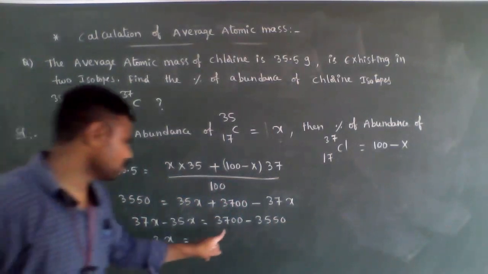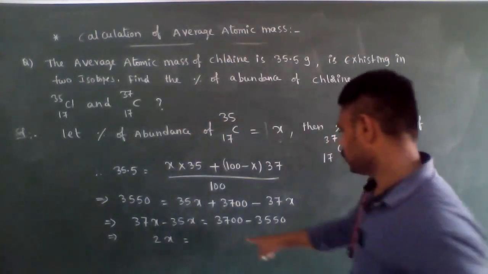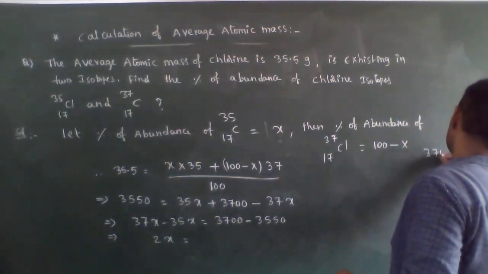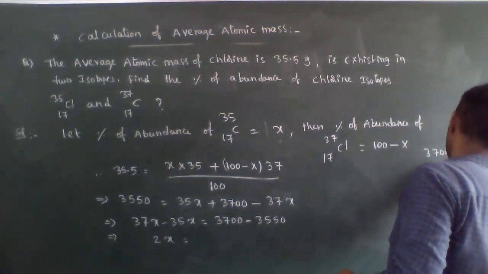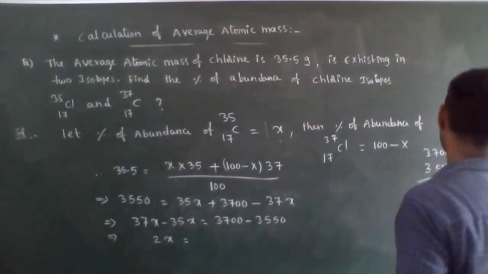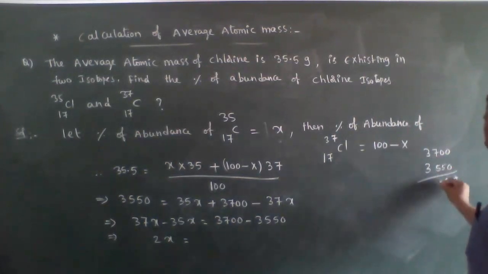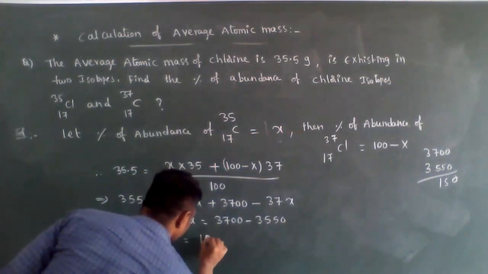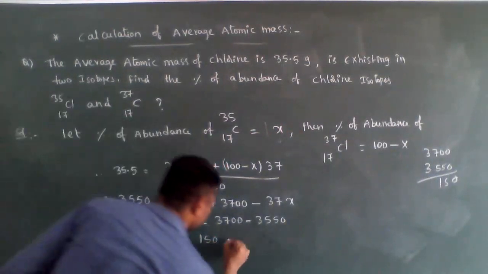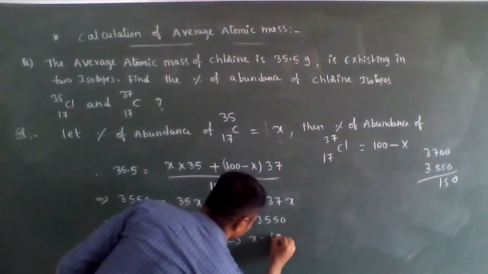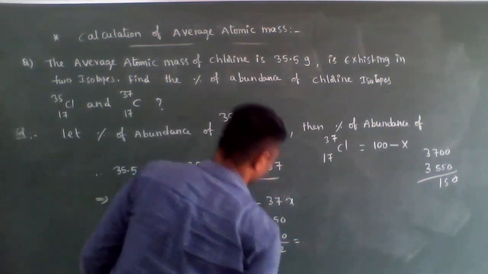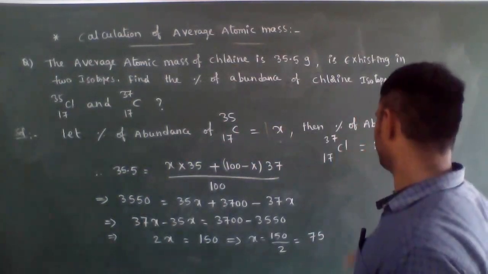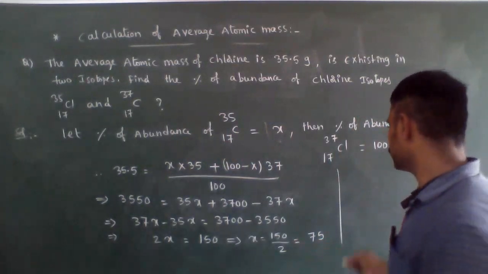The 2x is equal to 3700 minus 3550, which is 150. 2x is equal to 150, then x is equal to 150 by 2, which is 75.